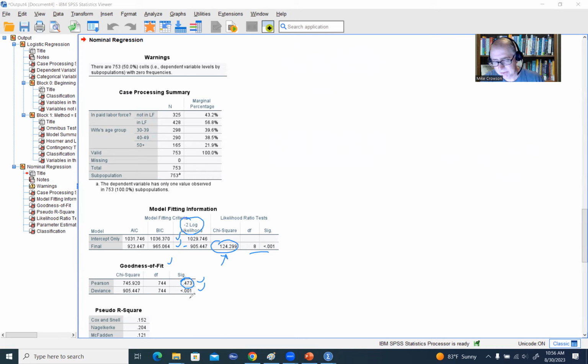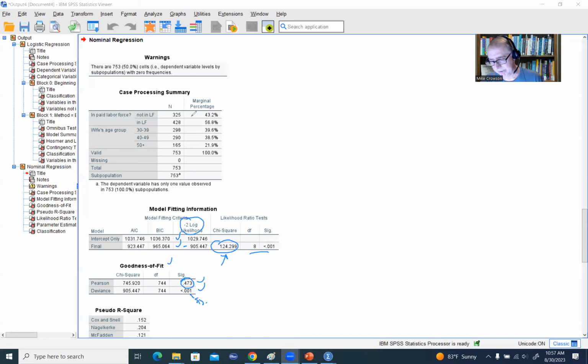The deviance chi-square test is actually significant, so you have a little bit of information maybe suggesting that the model is not a good fit. Just keep in mind when you're looking at all these different indicators of overall fit of your model to the data, they won't always necessarily agree. So this would be a case right here where there's a little bit of a disagreement.